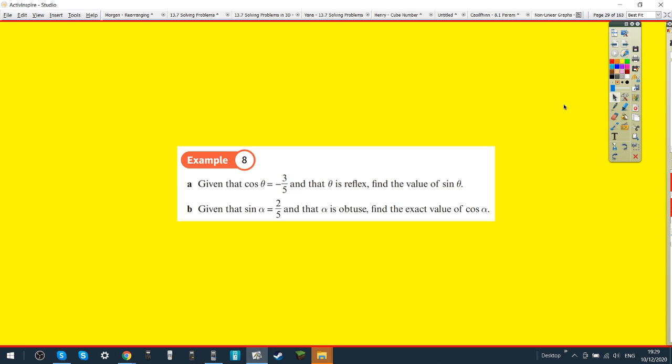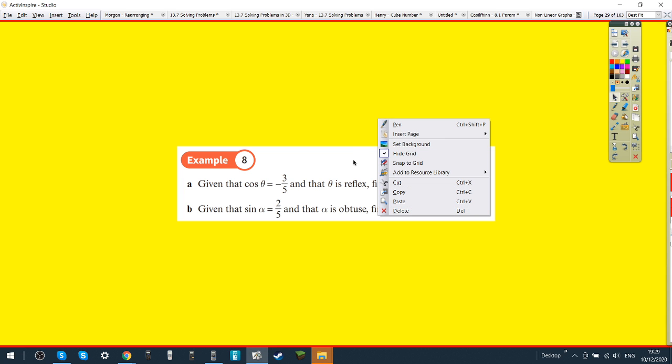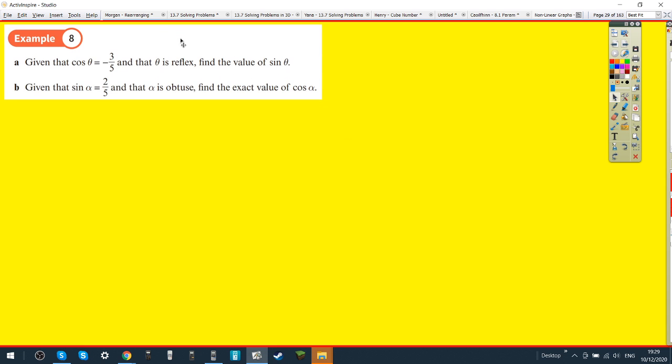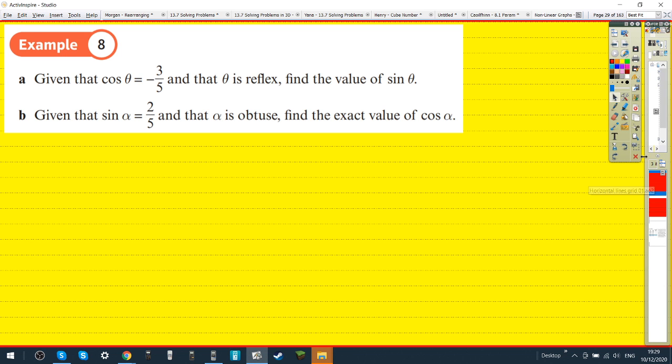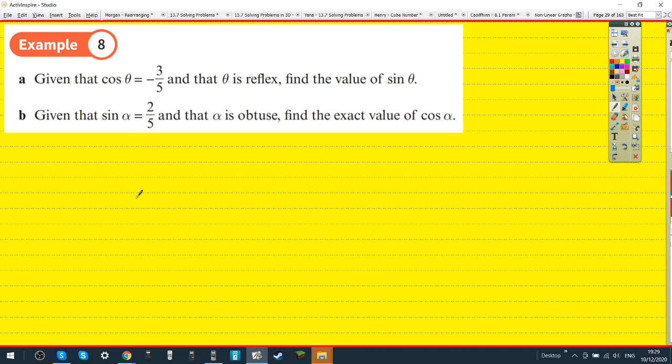Okay, any idea how we do these? So for the first one, you need to make it cos theta to cos squared theta first. Yeah, well done.